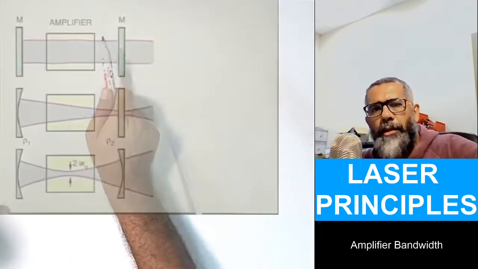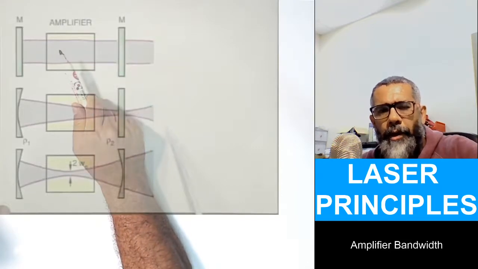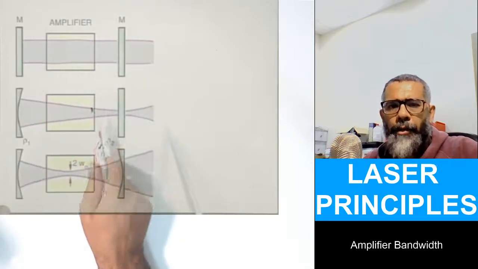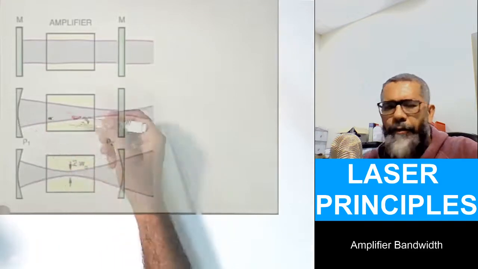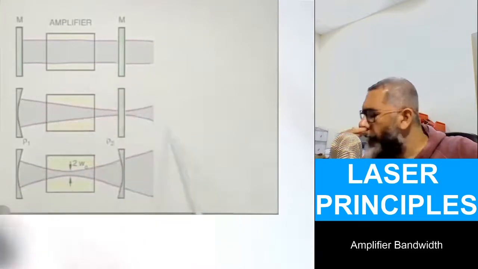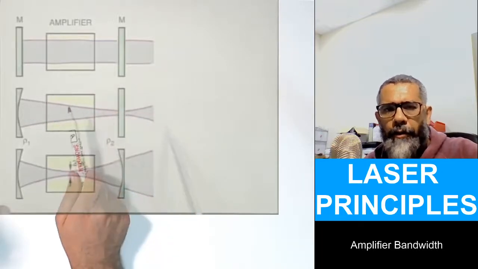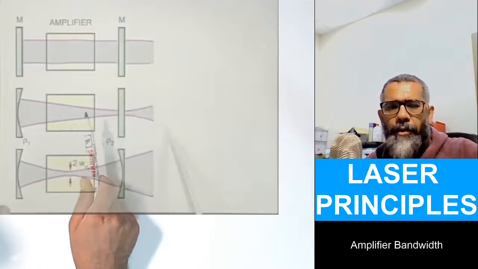But this is not all the optical resonators using two flat mirrors. Sometimes one of these mirrors is not flat; it's a curved mirror. If you have one of the mirrors curved like this, the shape of the laser light inside this resonator will look like this.